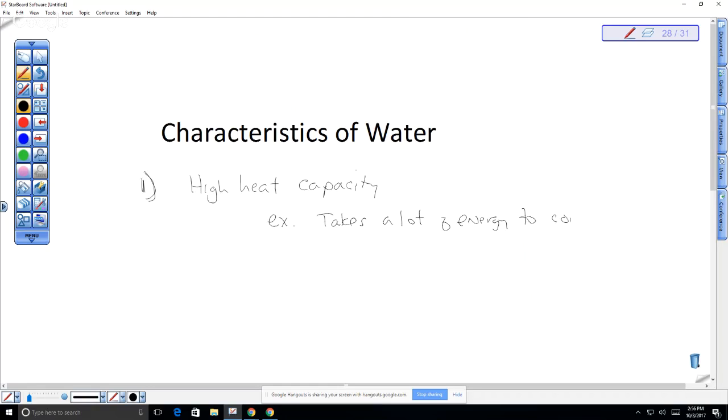And this is actually where we get the idea of a calorie. So a calorie is a unit of measurement where you have a certain amount of water, I can't exactly remember, and you have to convert it into a gas, and that's how much energy it takes to do that conversion.